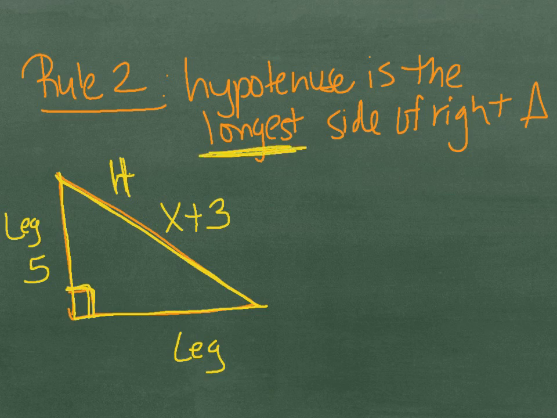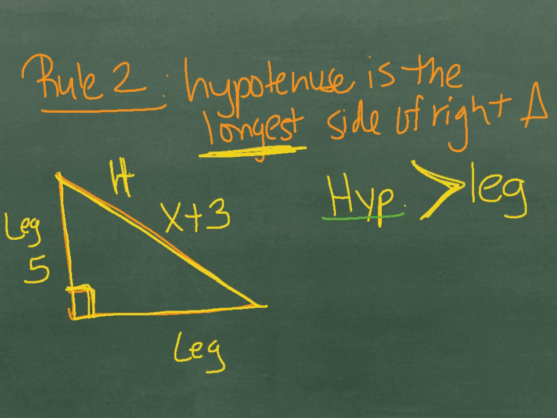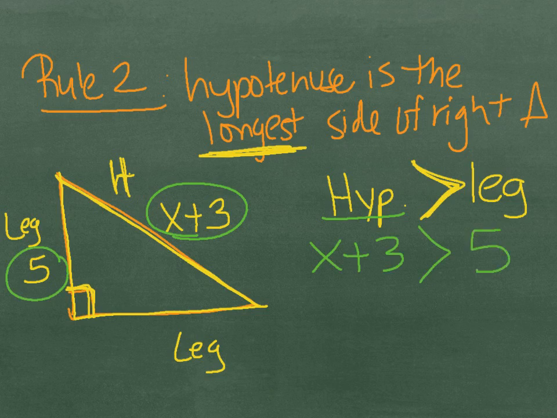So we know that the hypotenuse has to be bigger than the leg. And why I'm putting this as an inequality is greater than. So if we just plug this in, the hypotenuse is x plus 3 is greater than the leg, which is 5, and then if I solve the inequality, x is greater than 2.